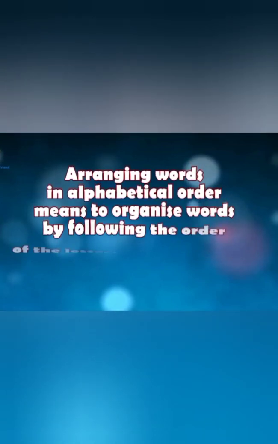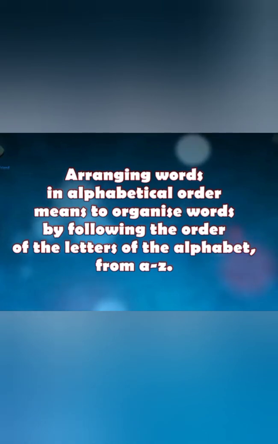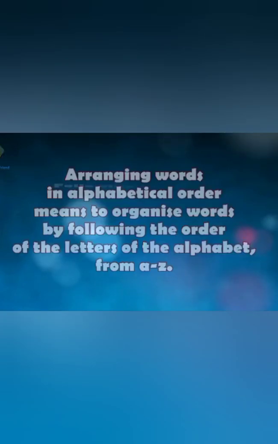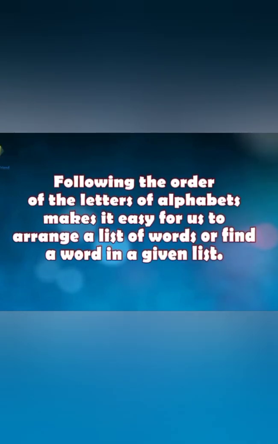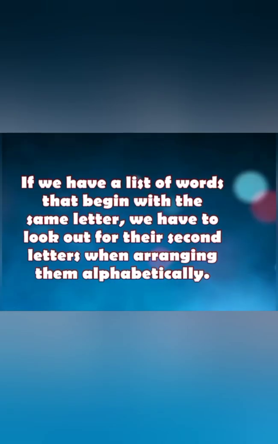Next, arranging words in alphabetical order means to organize words by following the order of the letters of the alphabet from A to Z. Following the order of the letters of the alphabet makes it easy for us to arrange a list of words or find a word in a given list.